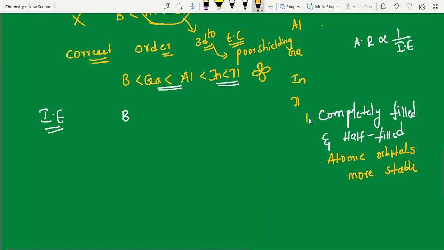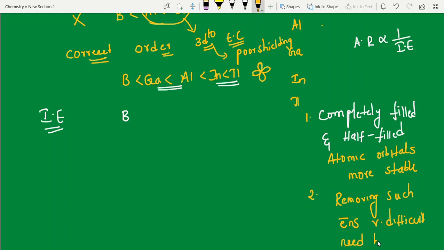So note point 1, note point 2: removing such electrons is very difficult, needs high ionization energy.